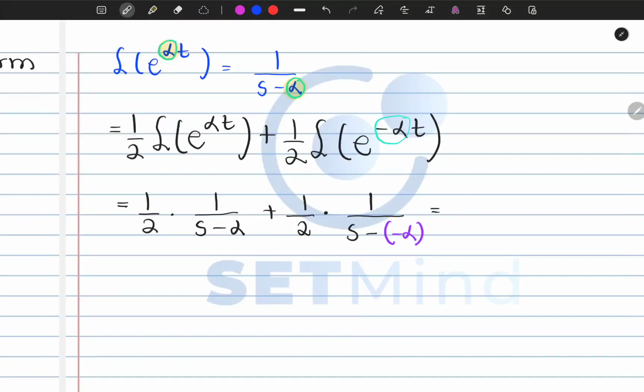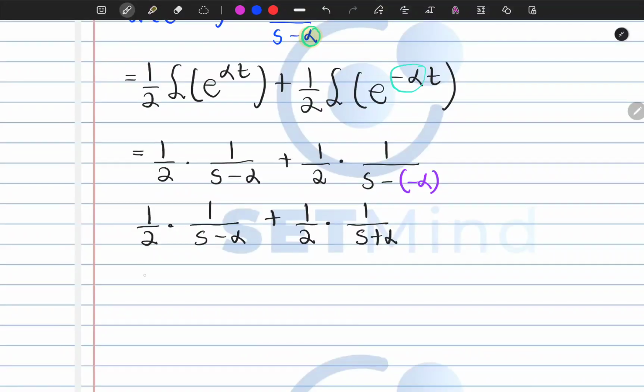And if you look carefully, we'll end up having a half times 1 over s minus alpha plus a half multiplied by 1 over s plus alpha. So I can factor out the 1 over 2 if you look carefully. Then I have 1 over s minus alpha plus 1 over s plus alpha.